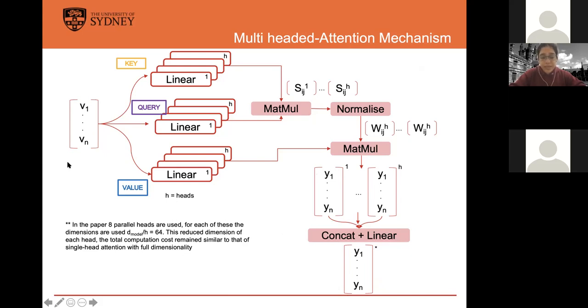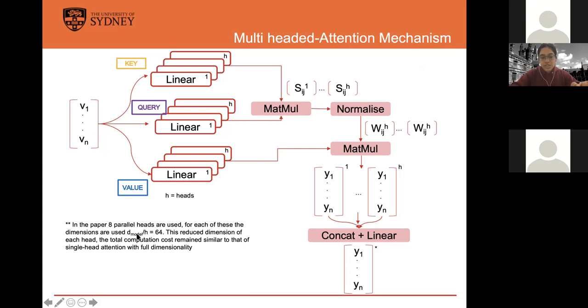In the paper, they have used 8 parallel heads. While doing the input embedding, they converted each word to a 512 dimension vector. They used 8 parallel heads, and as I was saying earlier, they used a reduced size of queries, keys, and value vectors.